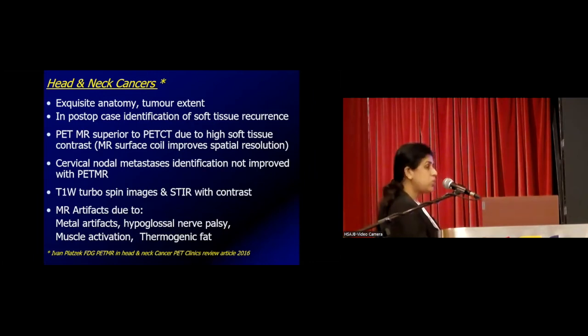But we also need to understand that we can have artifacts because of the dental procedures, if any, patients who have undergone hypoglossal nerve palsies, or if there is a thermogenic adipose tissue activation, you can have false positives in both MR and PET studies, which needs to be kept in mind and can be easily correlated with simultaneous interpretation of images.